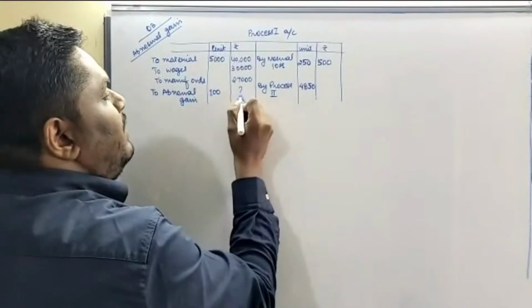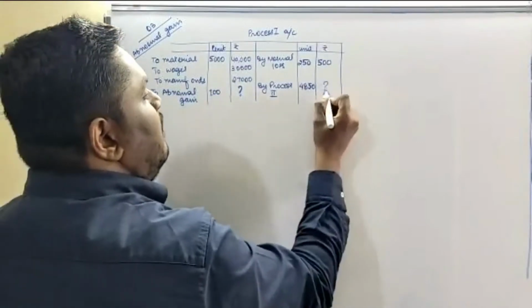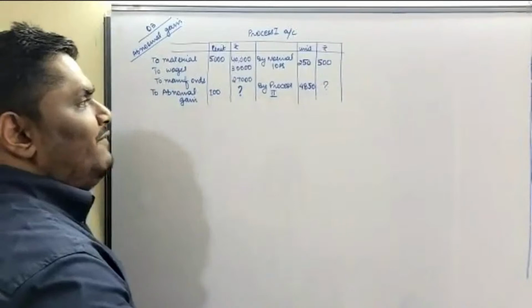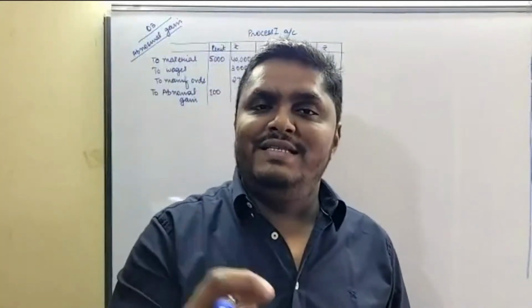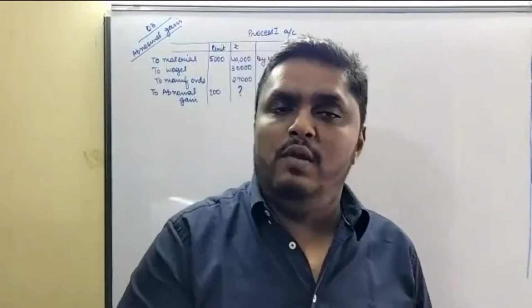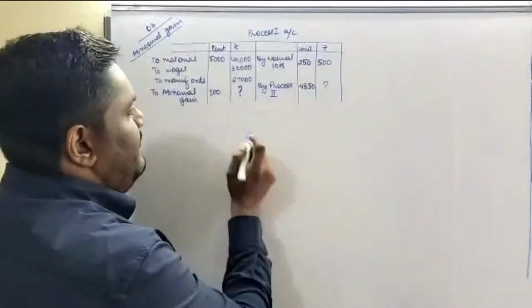Now we have to calculate the value of this abnormal gain and the value of units that are transferred to the next process. Again, the way of calculating the cost per unit will be the same.